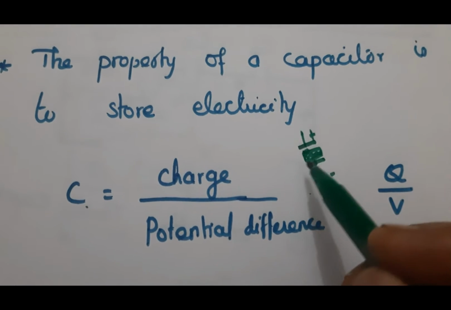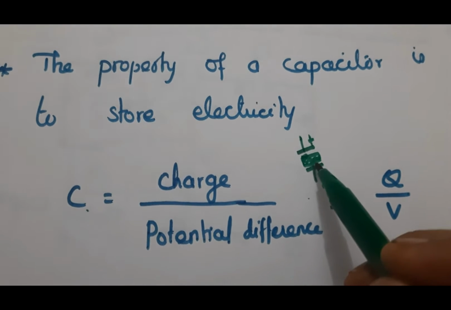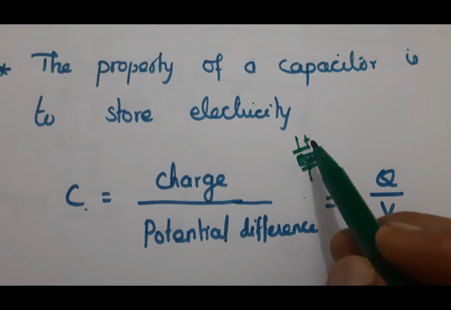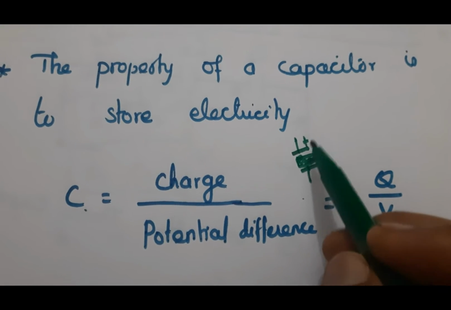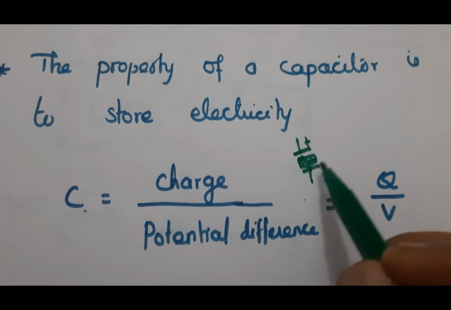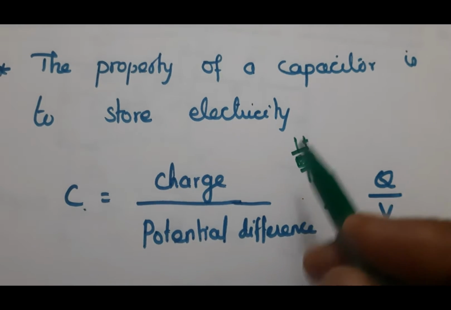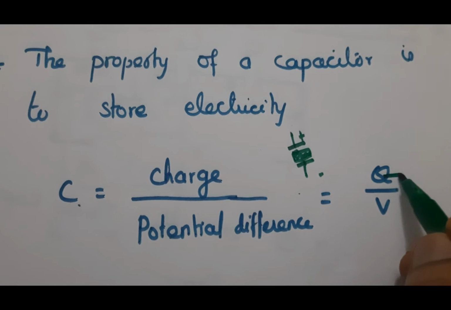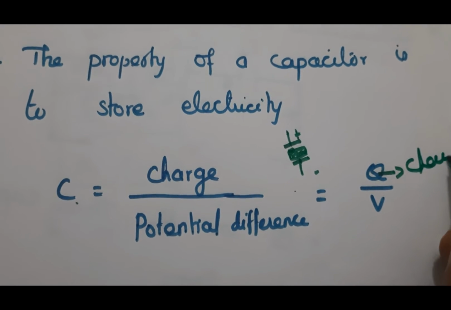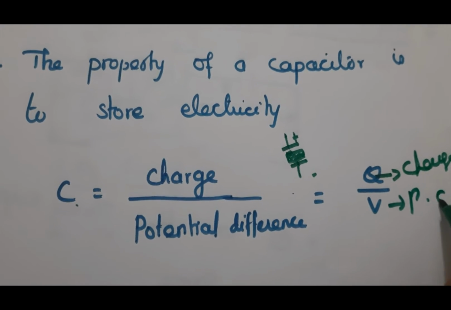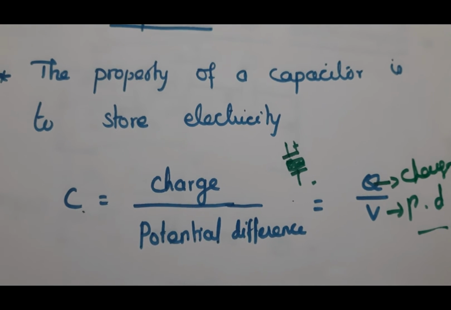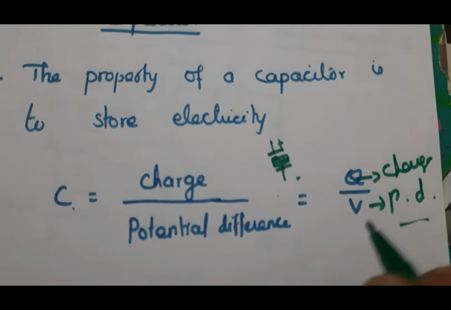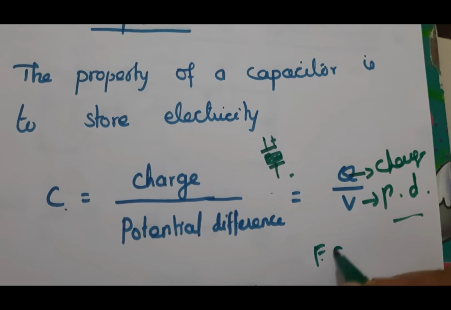It has some charge, and the potential difference across the two plates provides the capacitance. So the definition is C is equal to Q by V, where Q is the charge and V is the potential difference. The unit of capacitance is farad.